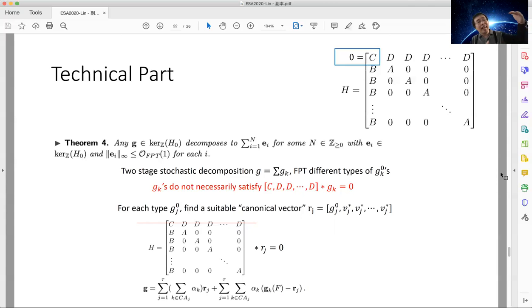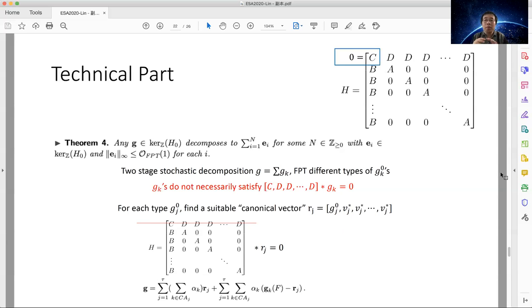Remember that G of K has n+1 blocks, so there could be a huge number of different kinds of G of K. But if we only restrict our attention to their first block, G of 0, there are only FPT number of different first blocks. So this allows us to group them.